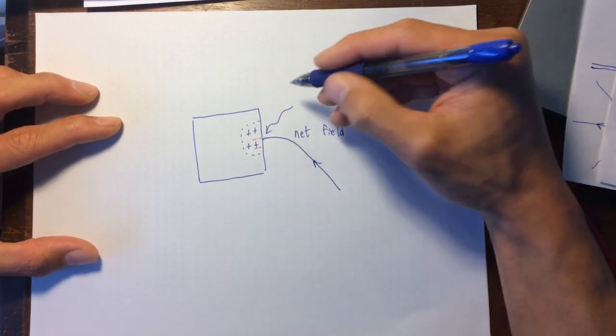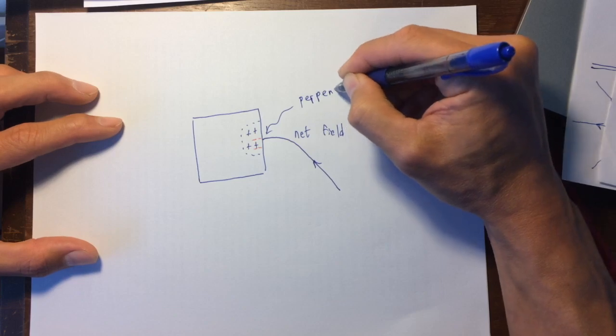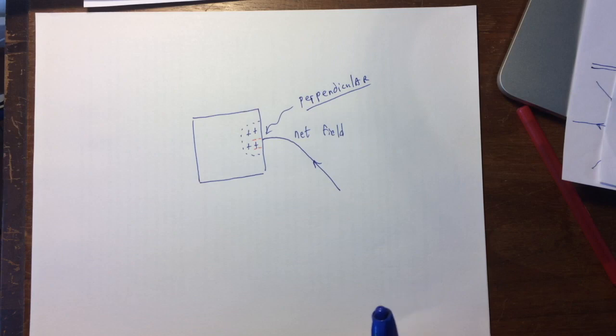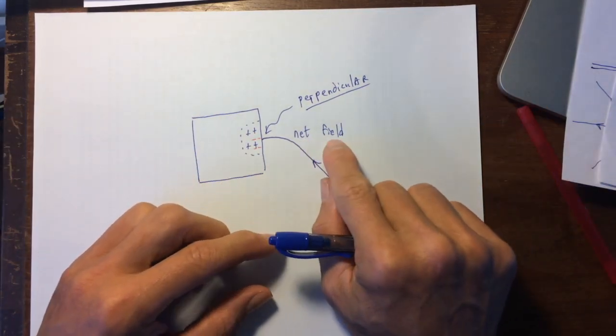And this is the sense in which field lines must always dead end, right? And when we talk about field lines, actually, we talk about the net electric field.